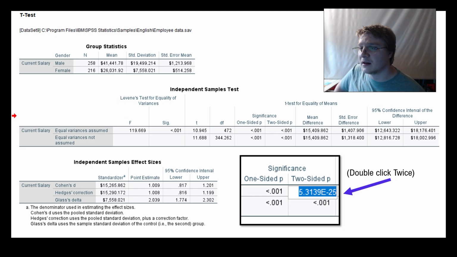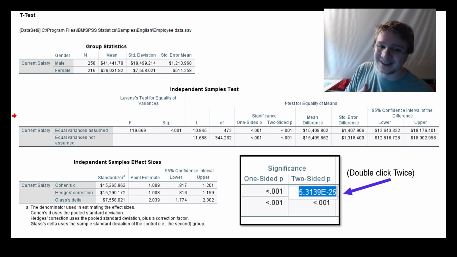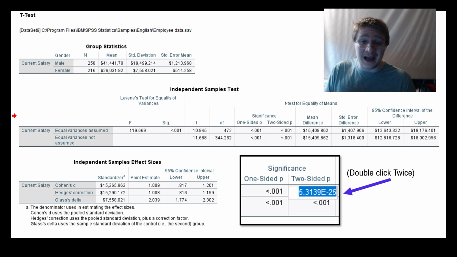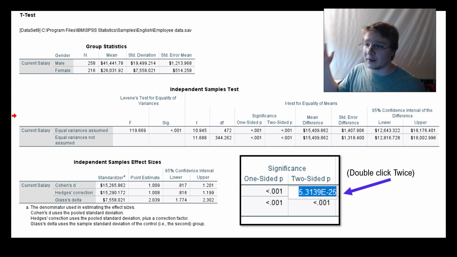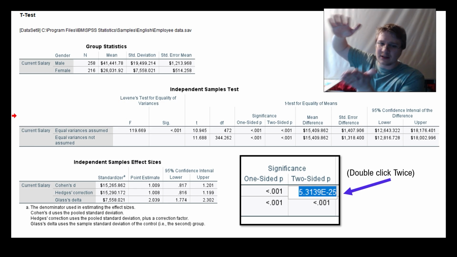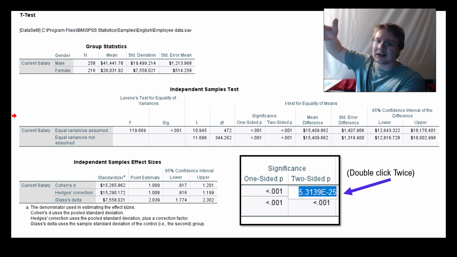The mean for men and women seem to be really different, 26,000 versus 41,000, which is a ridiculously huge gap for a mean. The standard deviation for the men is just gigantic, while the standard deviation for the women is not too terribly different from the mean.